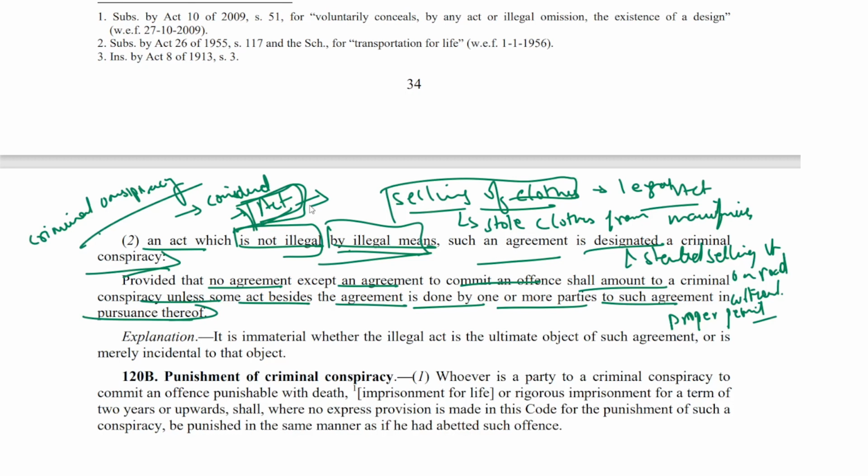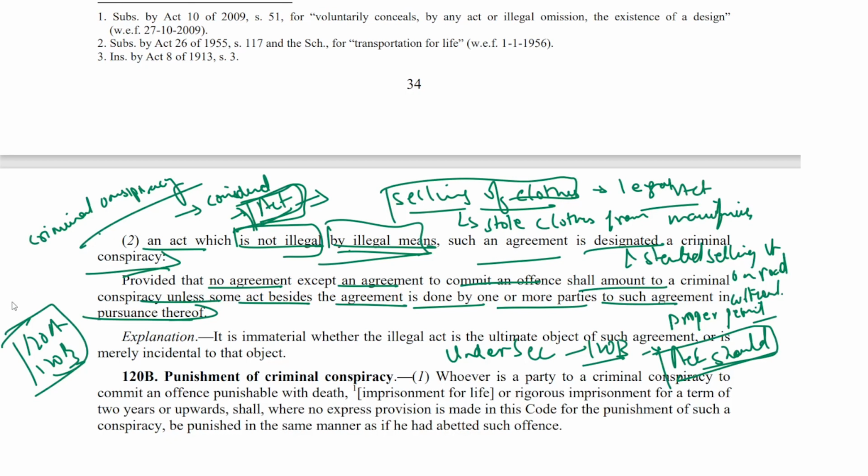So in order to accuse somebody under section 120B, that is punishment for criminal conspiracy, an act should be done. If the act is done, sections 120A and B automatically get attracted. Because in criminal conspiracy the guilty mind is there, plus the act has also been committed, then it will constitute criminal conspiracy.